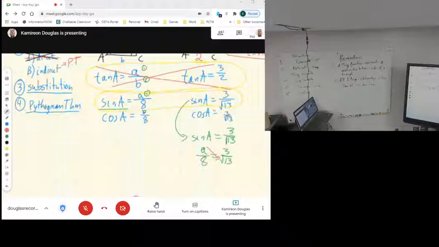A times the square root of 13 is a square root of 13. 8 times 3 is 24. I divide to get a by itself. A is equal to 24 over the square root of 13. Using a standard arithmetic rule, I know this would be 24 square root of 13 over 13.